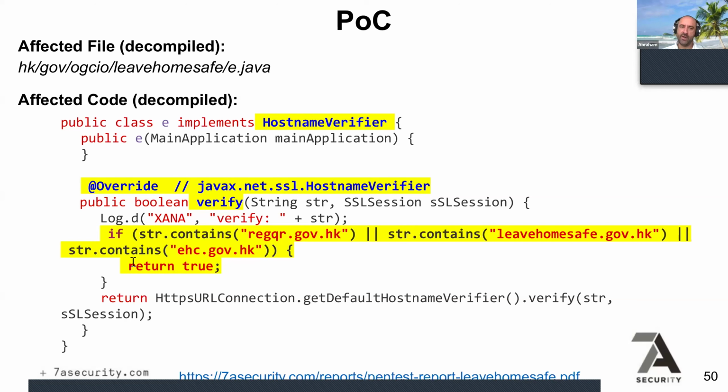But in this case, what this is doing is saying, if the domain I'm connecting to is one of these very important domains where Hong Kong people are trying to access the health system, then skip the hostname verification of SSL, right? This is very bad because basically, it's bypassing the SSL verification from Android, which would be this one here, right?